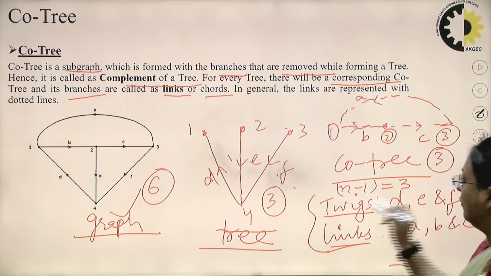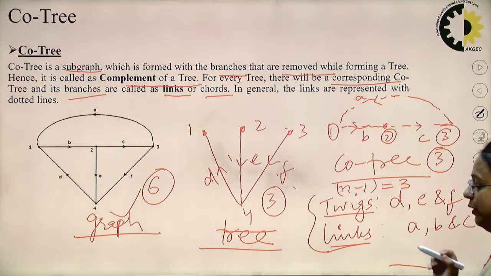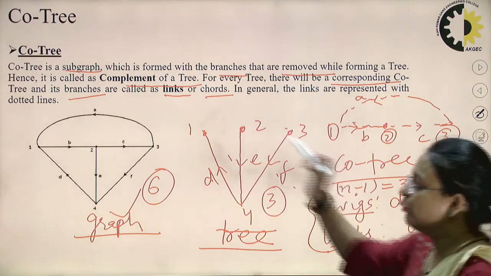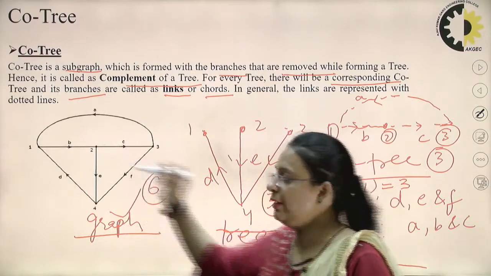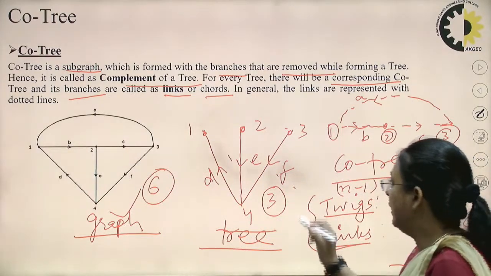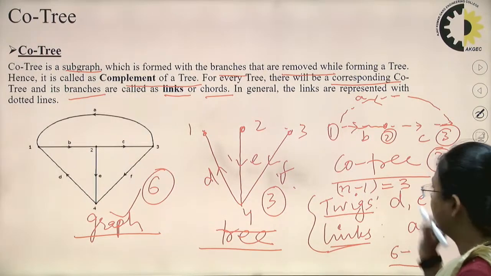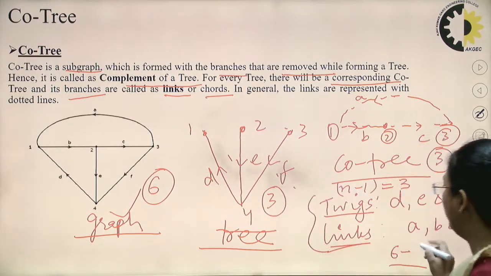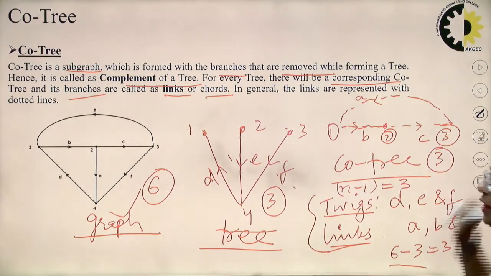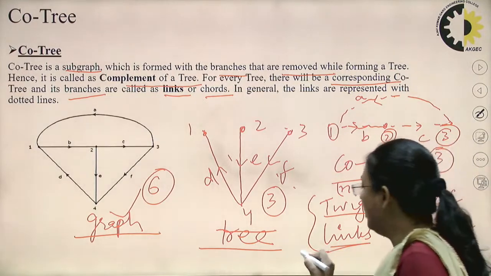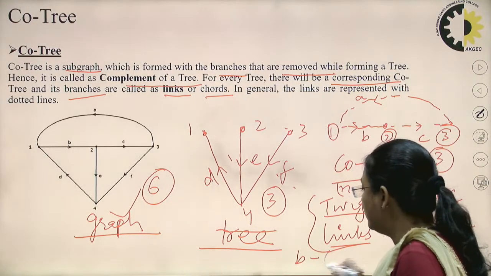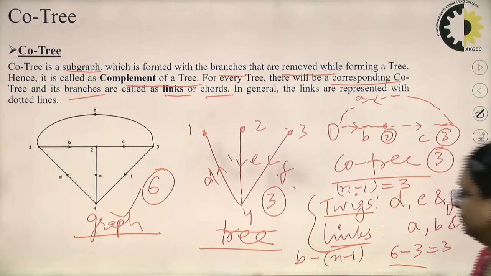So formula for the twig will be N minus 1, and formula for the link will be total number of branches of the graph, that is 6, okay, and 6 minus number of twigs कितनी थी, 3, तो कितनी आई आपकी links, 3 आई. So you can write the formula for the link is B minus (N minus 1).